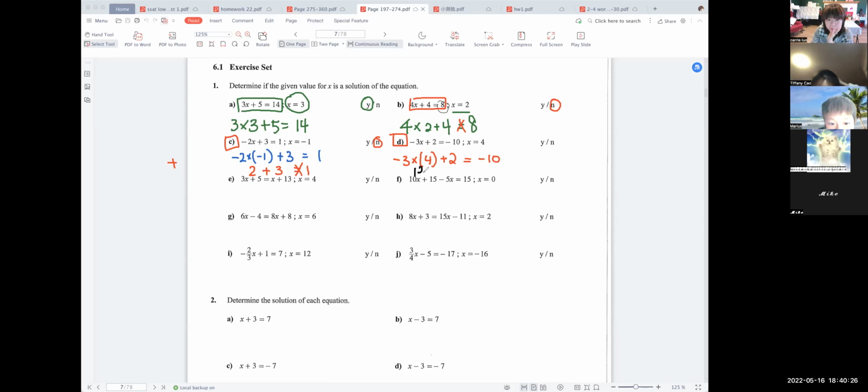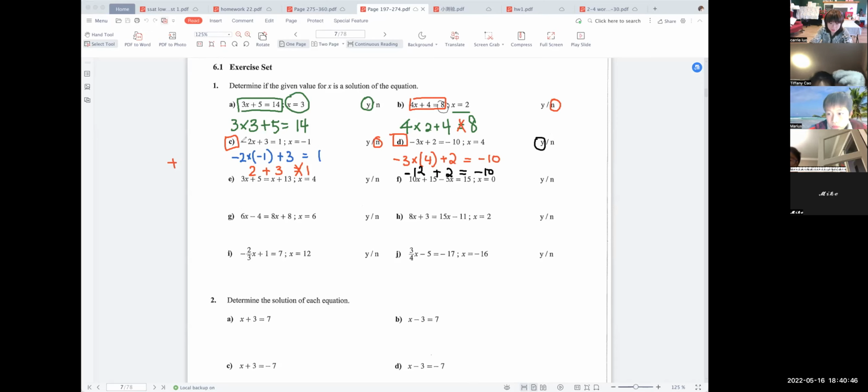So you put 12 here, but you put a negative sign in front of it, because we pretend it's not there, but it's actually there. So negative 12 plus 2 equals negative 10. So this answer is right.